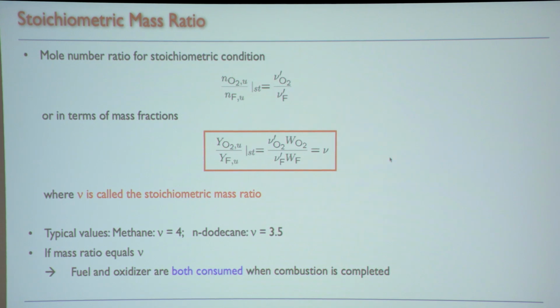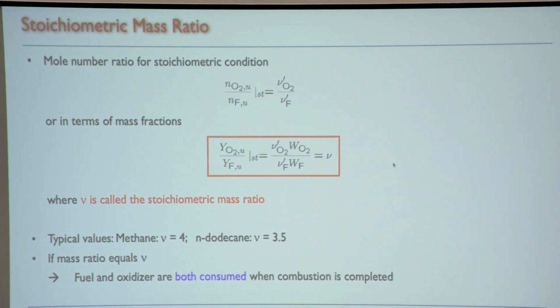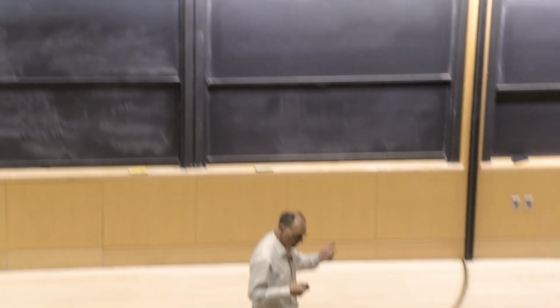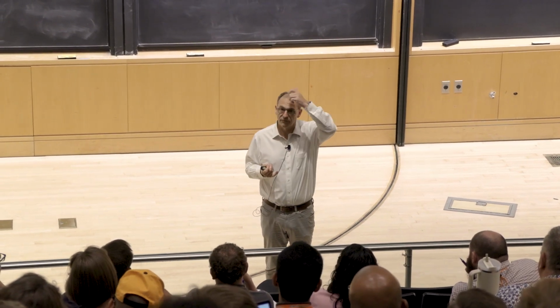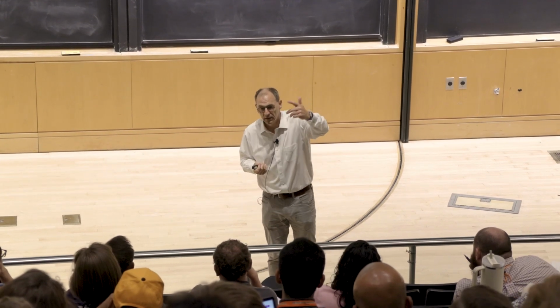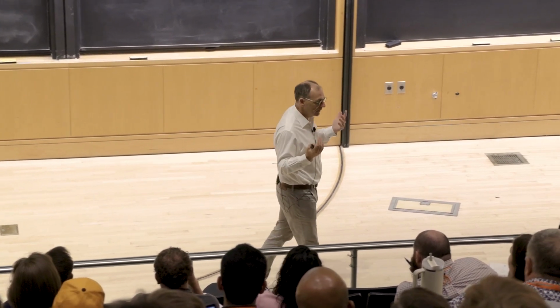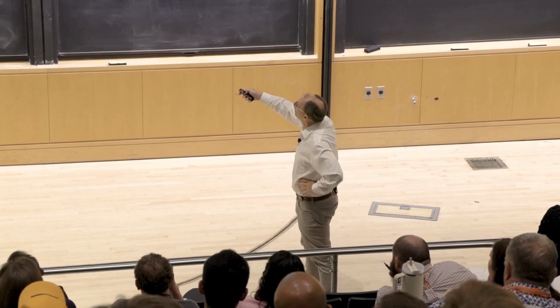So typical hydrocarbon fuels are around 4, and for hydrogen, of course, different. But 4 also means that I have 4 times more oxygen than fuel, and that means a lot more air than fuel.